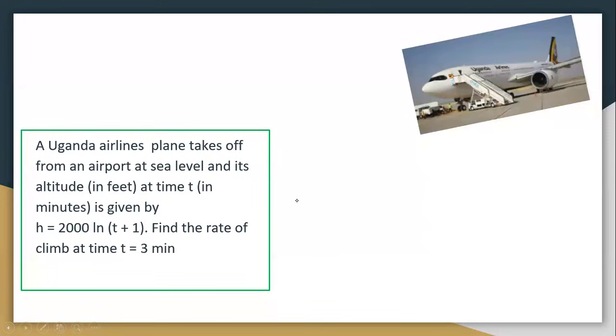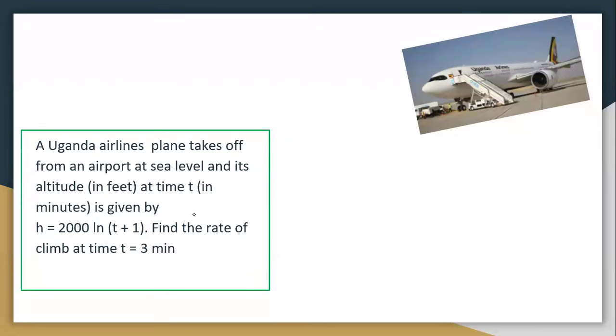Yeah. Now, they're asking us to find the rate of the climb at t equals 3 minutes. They have given you your function, which is h equals 2000 natural log of t plus 1. Can we first find the derivative of this? Whenever they ask you the rate of climb, here the rate is like the speed indirectly.